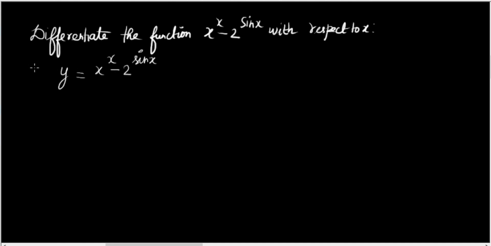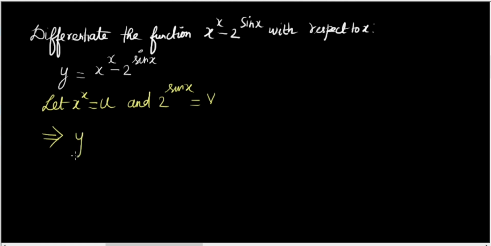Let us consider x power x as u and 2 power sin x as v. That means y is equal to u minus v.